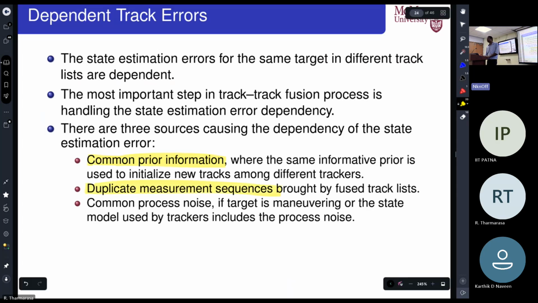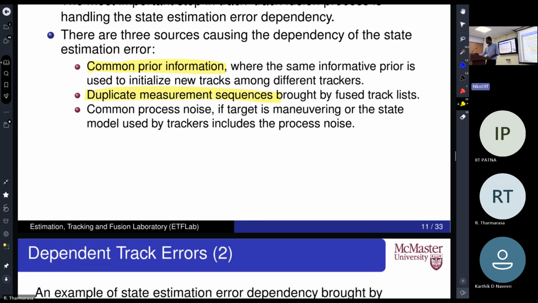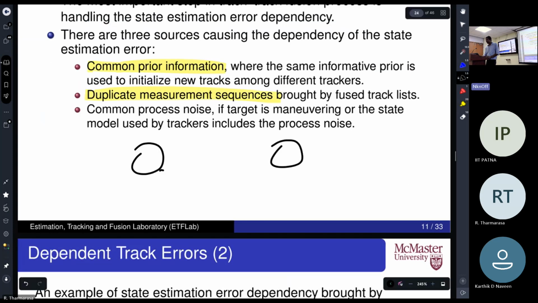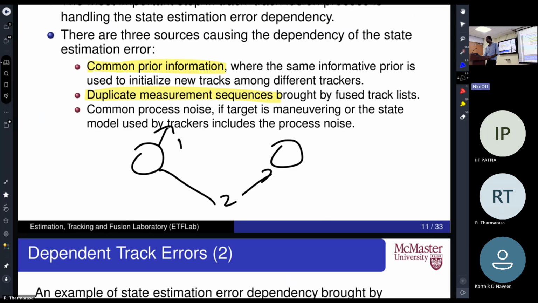Duplicate measurement sequence: for example, a tracker and another tracker use the same measurement here and there, then the tracks produced here and here are correlated. If the same measurement is used here and there, these two tracks are correlated because common information is used. And they mention common process noise. These are a little advanced, so you can ignore that.